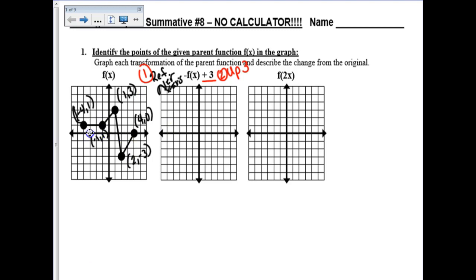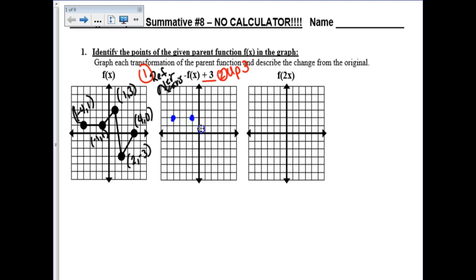Okay, so when I move over here, the ordered pair at -4, 1 has been reflected over the x-axis, so now it's down here, and then shifted up 3 units. 1, 2, 3. So it's now right there. And then this ordered pair at -1, 1 has been reflected over the x-axis and then shifted up 3 units.